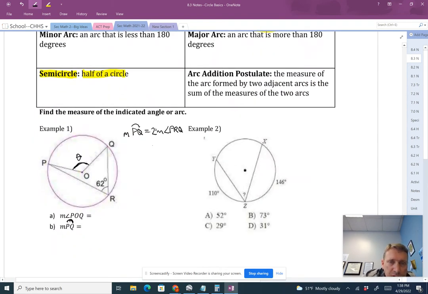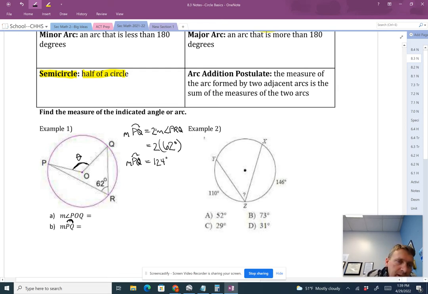And since the measure of the inscribed angle is 62, then the measure of arc PQ is 124 degrees.